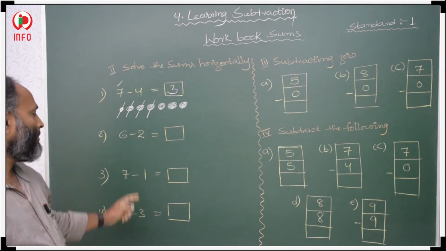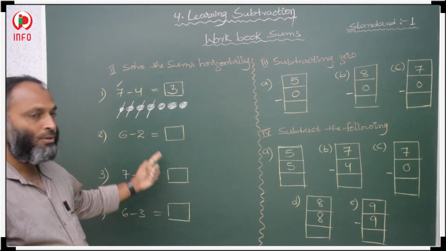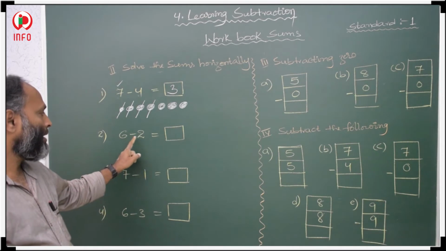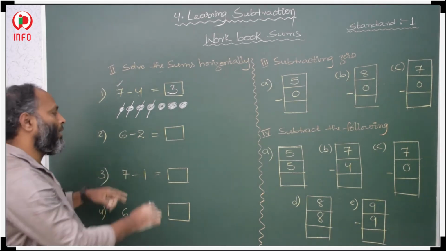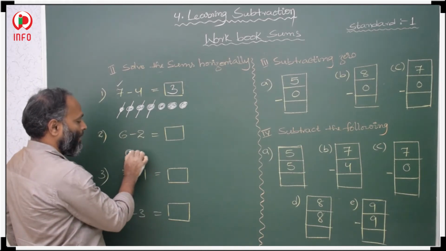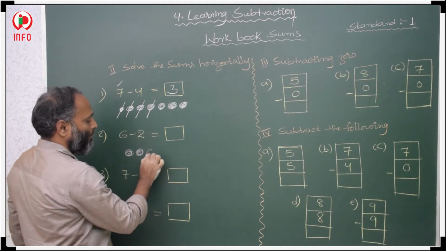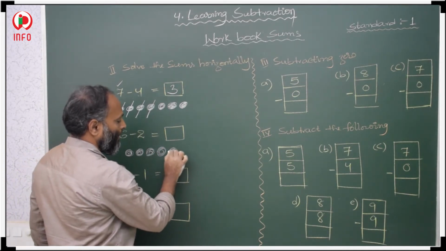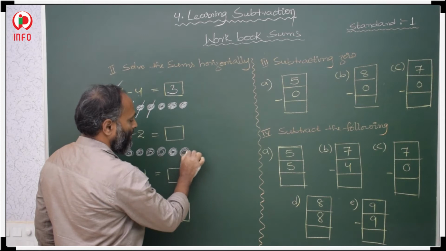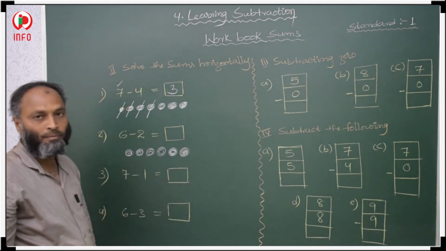In the same way, 6 minus 2 is given. 6 minus 2 means we have to take 6 dots horizontally. How many dots? 1, 2, 3, 4, 5, 6 dots. 6 dots horizontally.